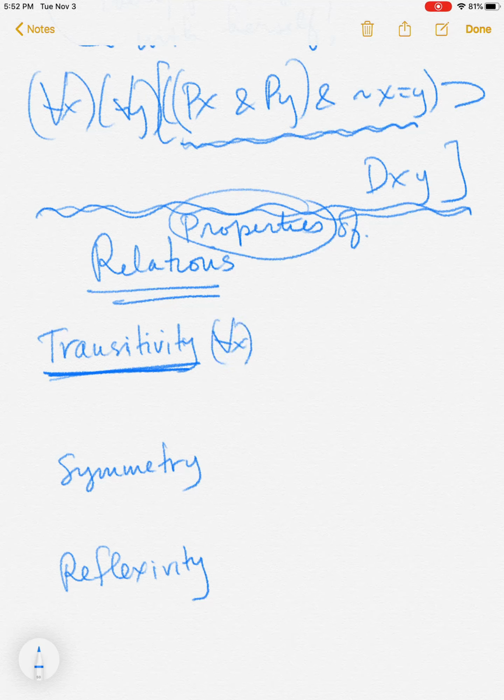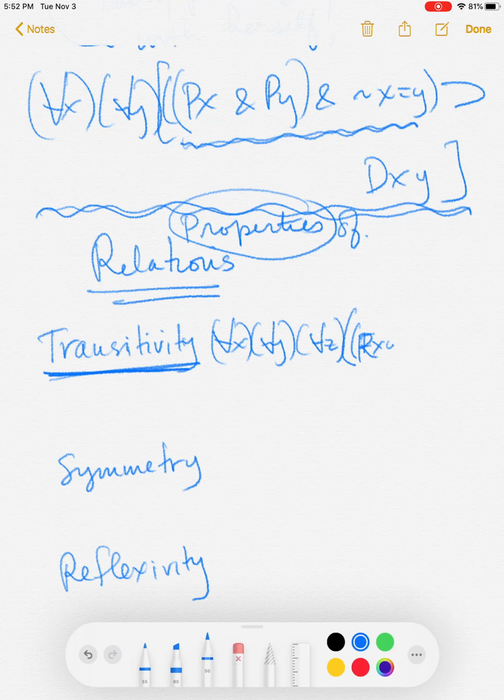You'd say for all X, for all Y, for all Z, if X R's Y, X bears the relation R to Y, and Y in turn bears the relation to Z, then X bears it to Z. So I should have done this all in one line. That's how you say transitivity.